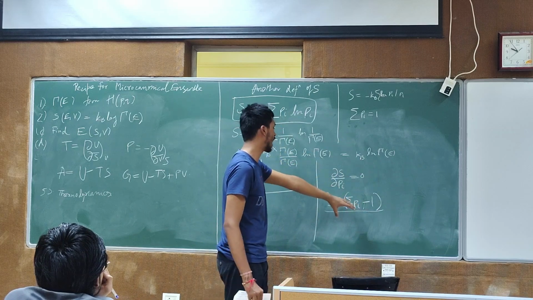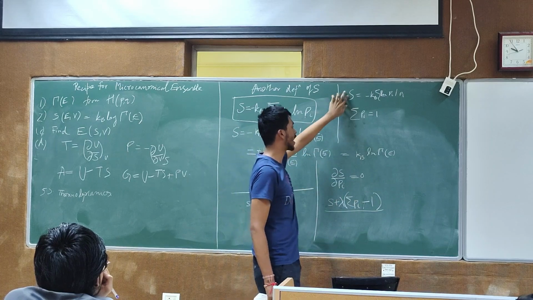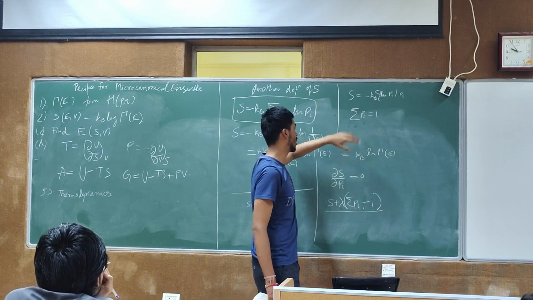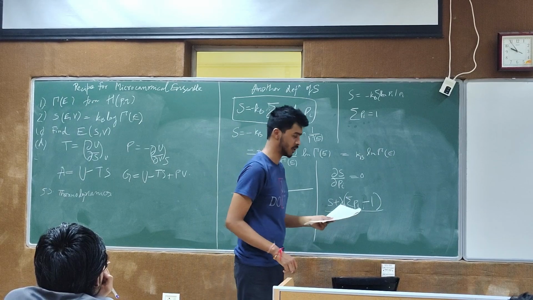This is called the method of Lagrange multipliers. If you do that, you can get the maximum value of S subject to the constraint that the sum over p_i is 1.